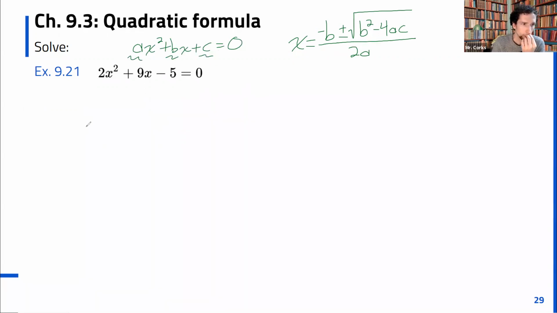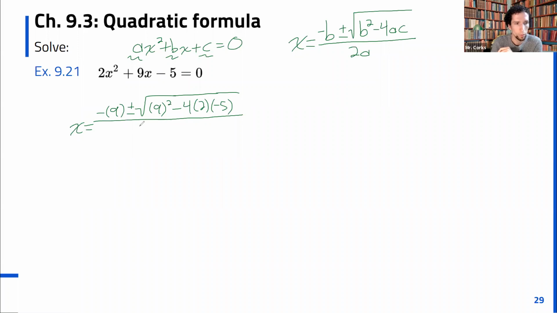All right, so if we have this, then our x will probably have two solutions. So negative 9 plus minus the square root of 9 squared minus 4 times 2 times negative 5.